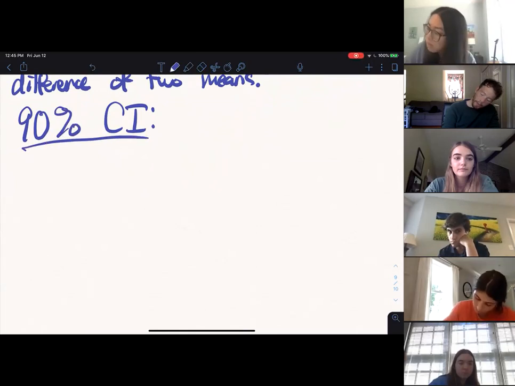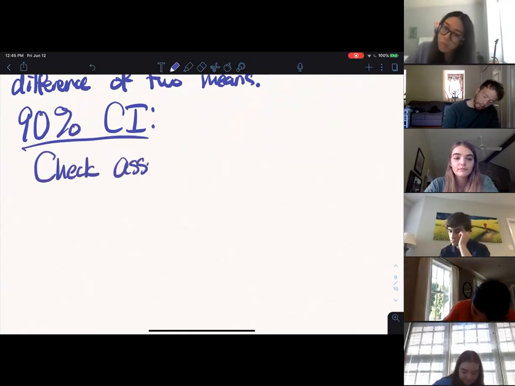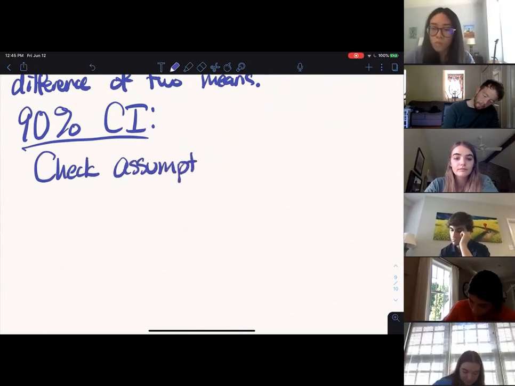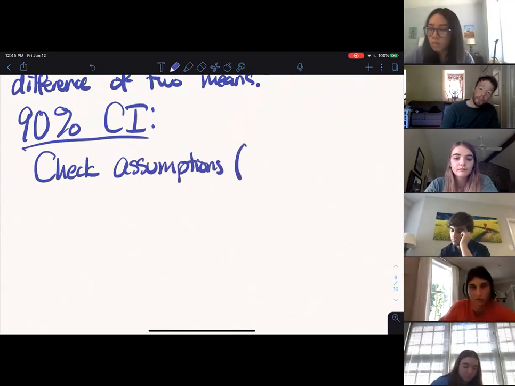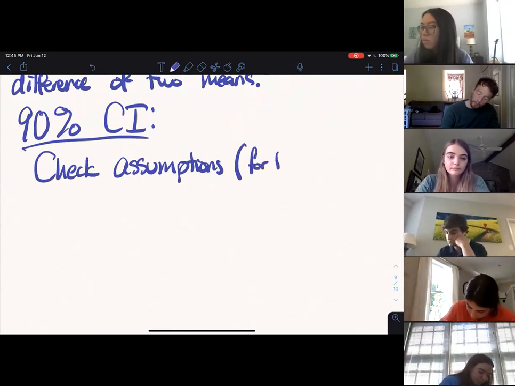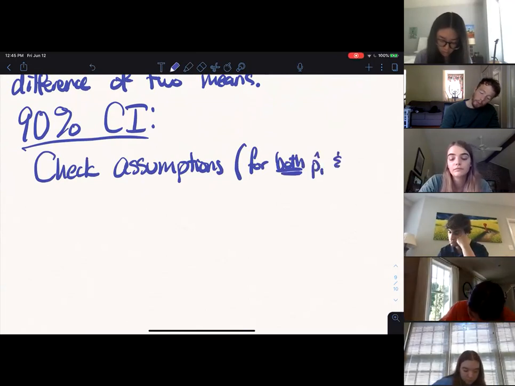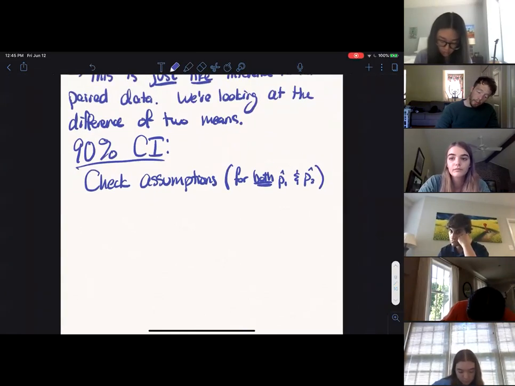So if we want to perform a confidence interval, we need to check our assumptions. And just like when we checked assumptions for non-paired data, it is sufficient to check the assumptions for both P1 and P2.